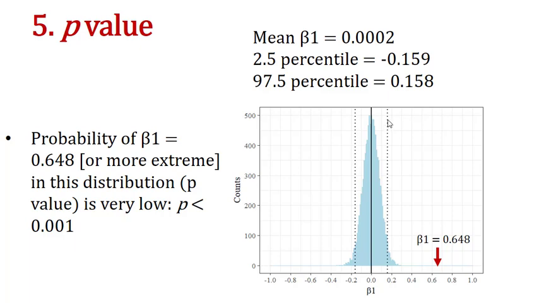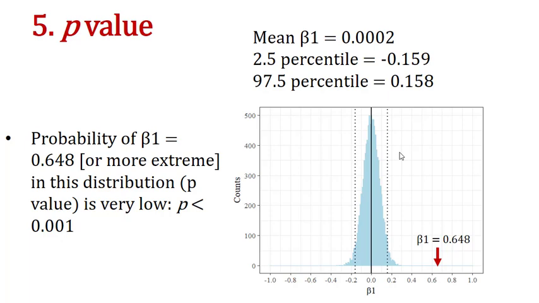I show you here, I did that using the software R, and this is the distribution. The mean of that distribution is the black vertical line, and is very, very close to 0. It's actually 0.0002, so that is very negligible, and so it is equivalent to having a beta of 0. And the 2.5 percentile is minus 0.159, the 97.5 percentile is 0.158, represented in the graph by the dotted lines.